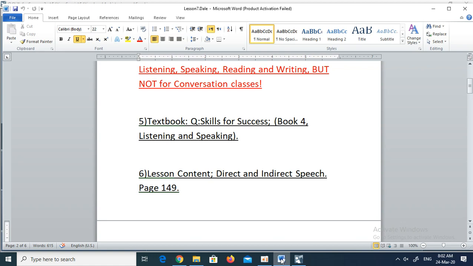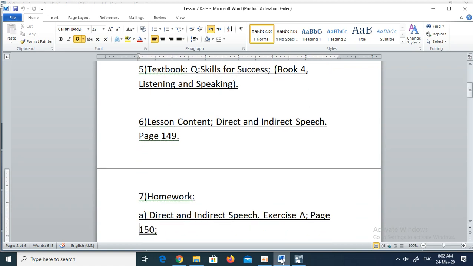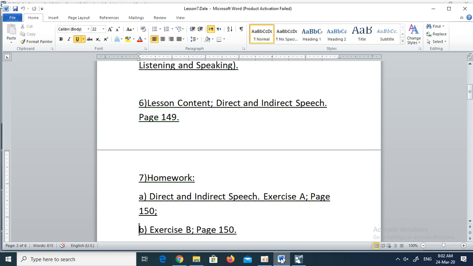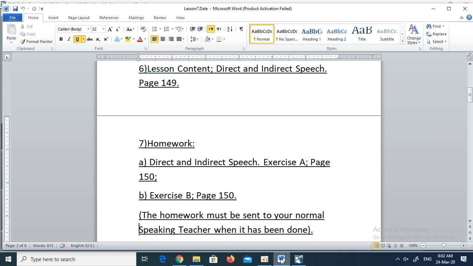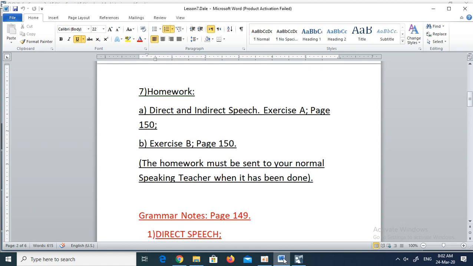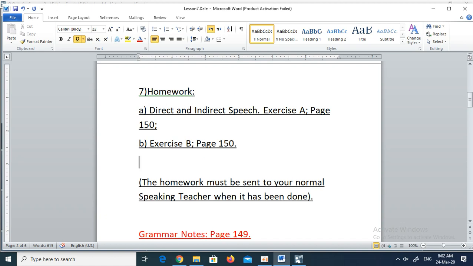And today we are covering direct and indirect speech, which is on page 149. And our homework will be on page 150, exercises A and exercise B, both of them on direct and indirect speech.